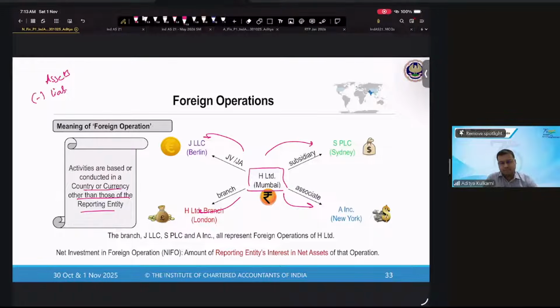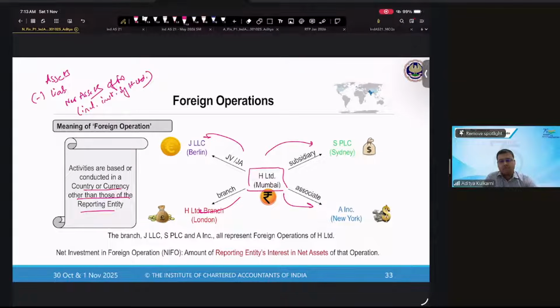Yes or no? Yes. So this net gives you what? Net assets of the foreign operation. Net assets of the Sydney company, net assets of the US company, net assets of the German company. Yes or no? Yes. And as part of assets and liabilities, it will also include investment by H Limited. Yes or no?